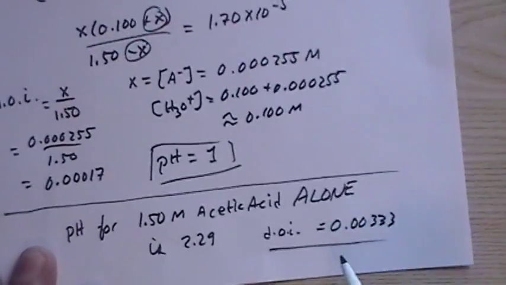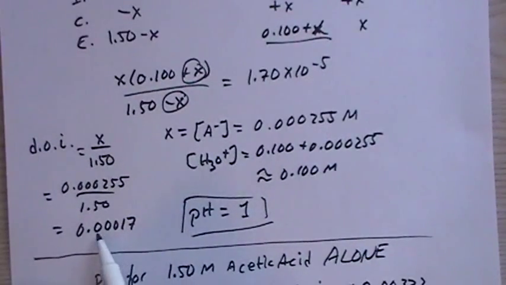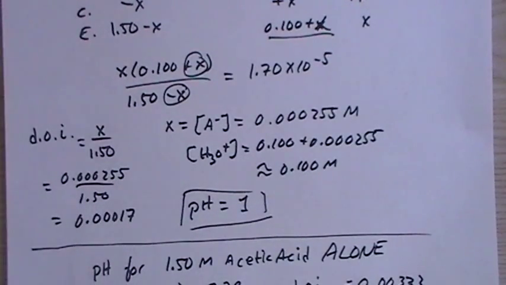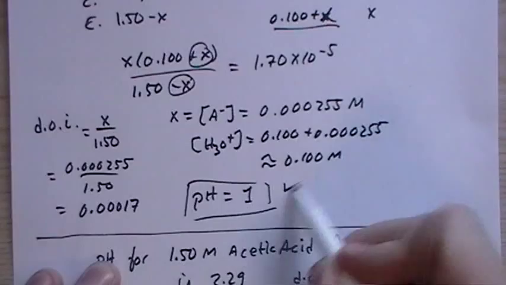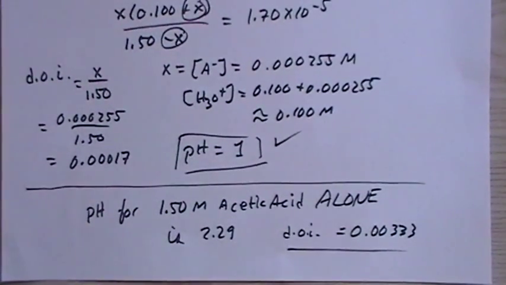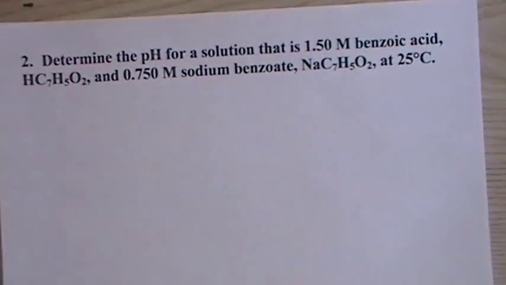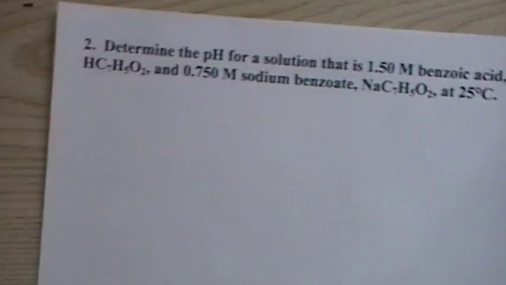So the degree of ionization goes from about a third of a percent down to about a hundredth of a percent or a 50th of a percent. So it gets dropped away. Now that's a trickier one to see, and the main focus here is on that pH. So that's the one the student would say is a trick question. It's no longer a trick question because I've just shared the secret with you. So as long as you're doing these out, you should be fine.